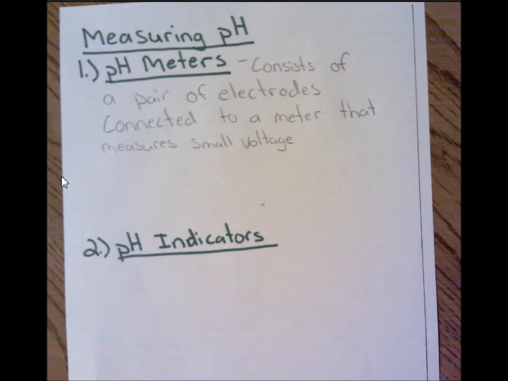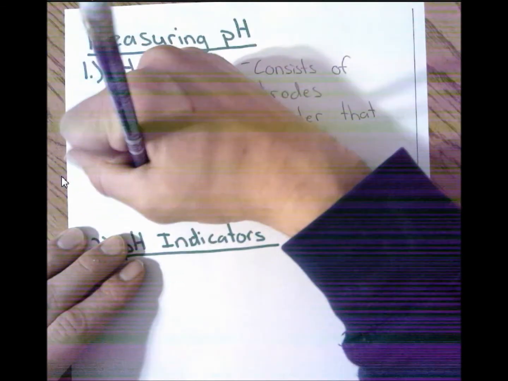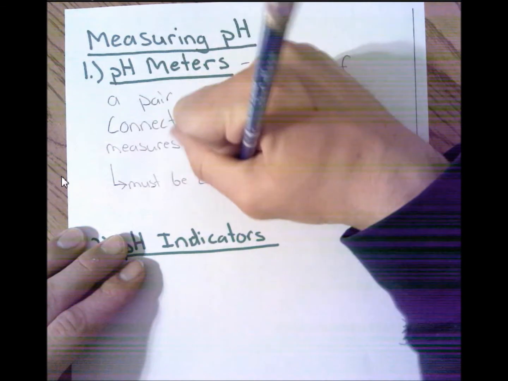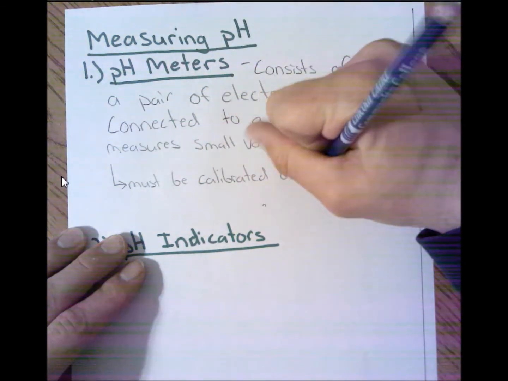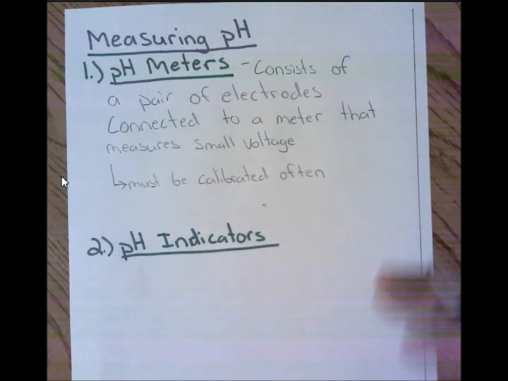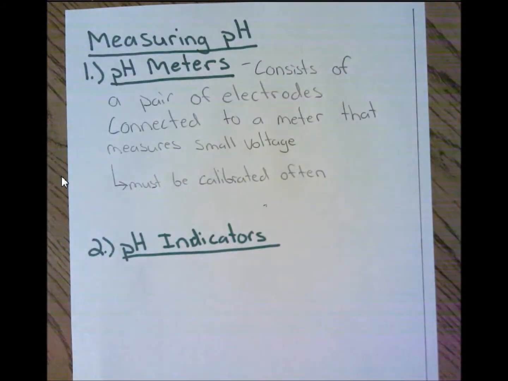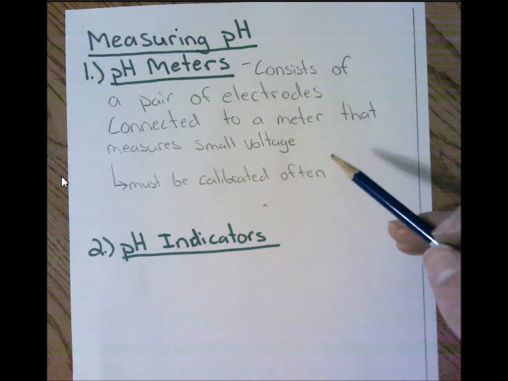And what I mean by often, typically what they say on our pH meters is once a month they need to be calibrated and placed into a particular pH solution. If they're not, that electrode here won't perform as expected, and it will need to be either reset, or if you dry it out too much, it may be useless.